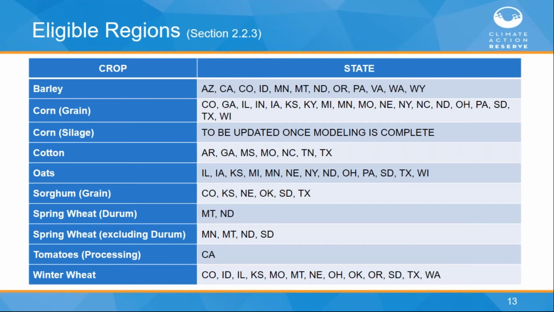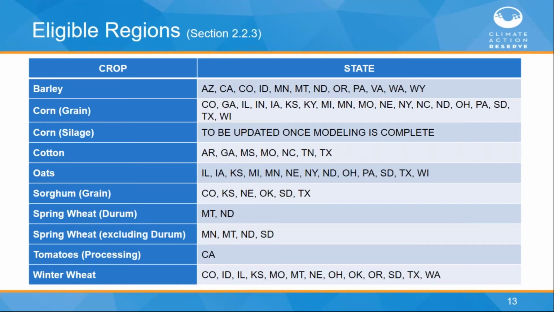But most importantly, while rotations are allowed, especially now that we have all these different crops that are eligible, the quantification methodology doesn't quantify for interannual impacts. What that means is that a baseline crop is compared to the same crop in the project on an annual basis.